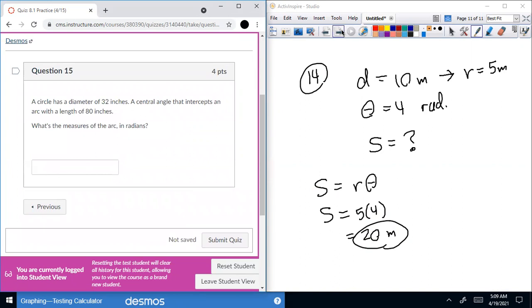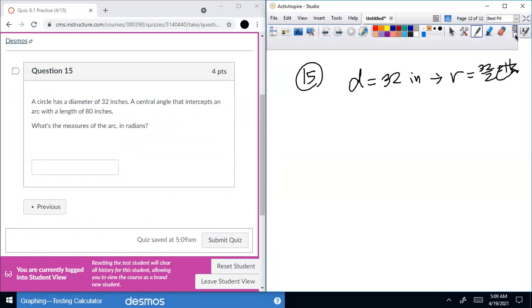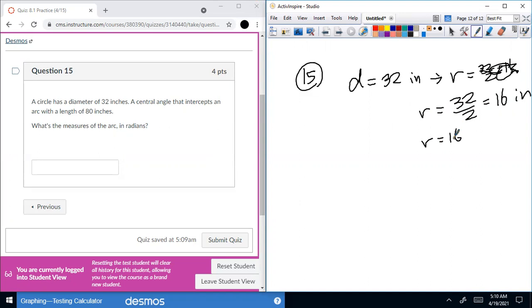All right, question 15. The circle has a diameter of 32. By this time, if you see a diameter, know that the radius is going to be half. So the radius would be 32 divided by 2, which is 16 inches.